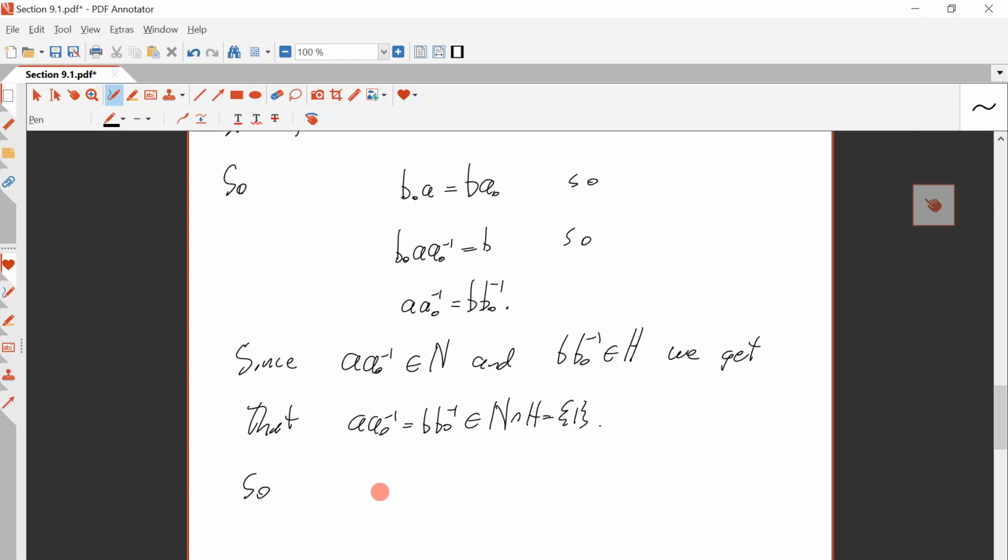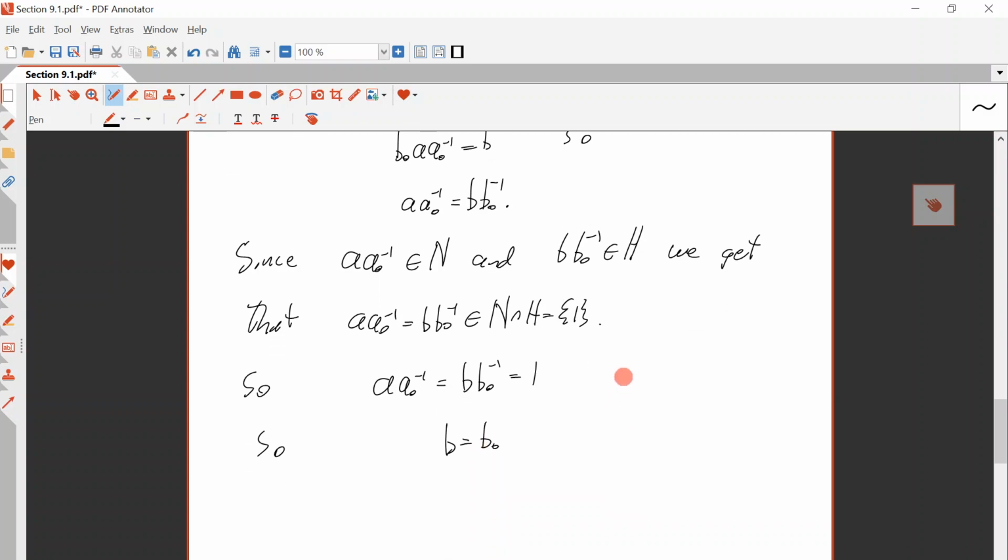So, A0 inverse is equal to B0 inverse is equal to 1. So, right, B is equal to B0. So B is equal to B0.